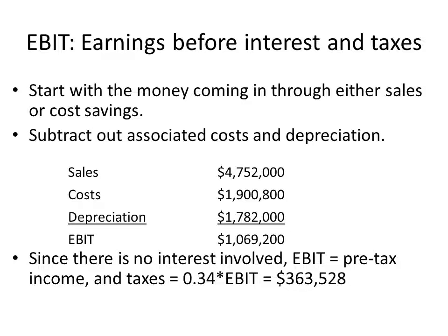The next step is to determine EBIT, or earnings before interest and taxes. So anytime you want to do this, what you start out with is the money that's coming in, either through sales or cost savings. And then we're going to subtract out the associated costs and the depreciation.